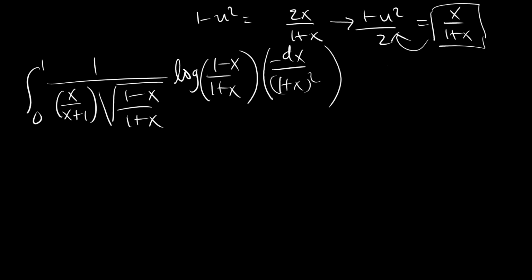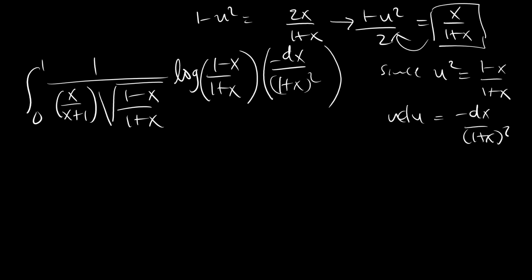Since u squared is equal to 1 minus x over 1 plus x, u du is equal to negative dx over 1 plus x squared, and 1 minus u squared over 2 is equal to x over 1 plus x.